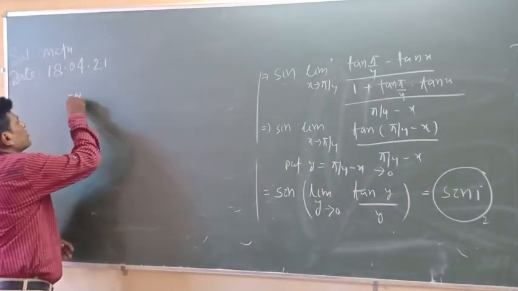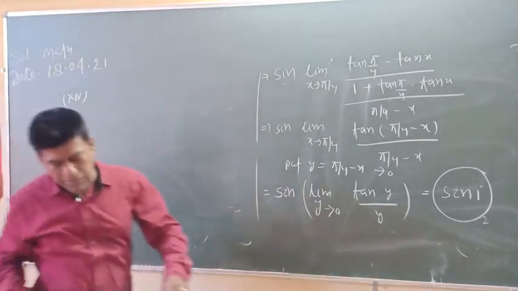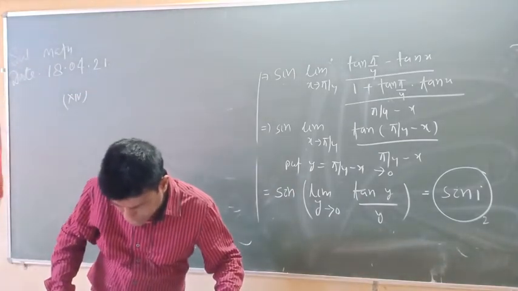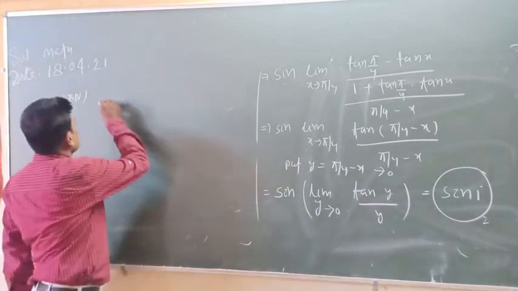XV, no, IV, sorry, XIV. XIV is given that limit x tends to 0.